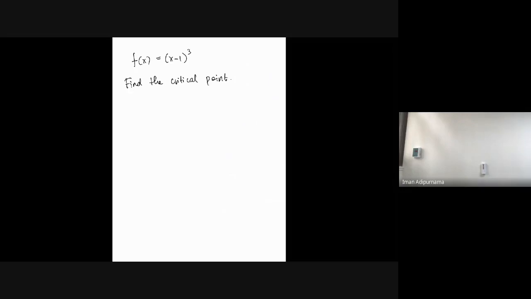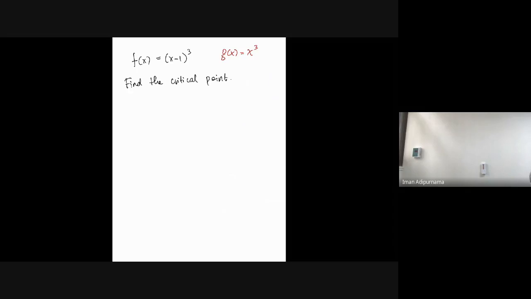You see, this function is quite familiar. If you remember the function x cube, let's say we have g(x) is x cube. The f of x is actually the same function as x cube, but you move it to the right 1 point, right?